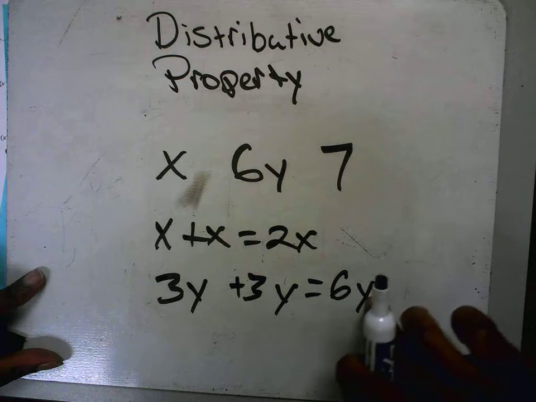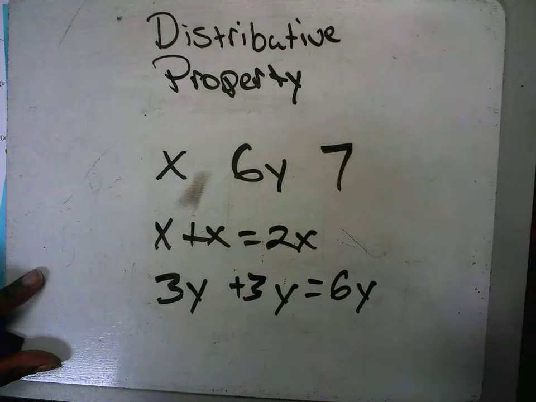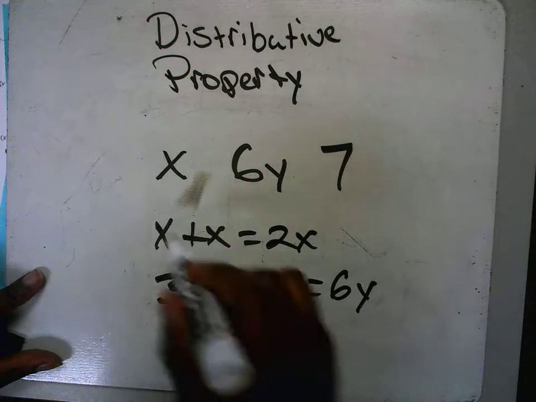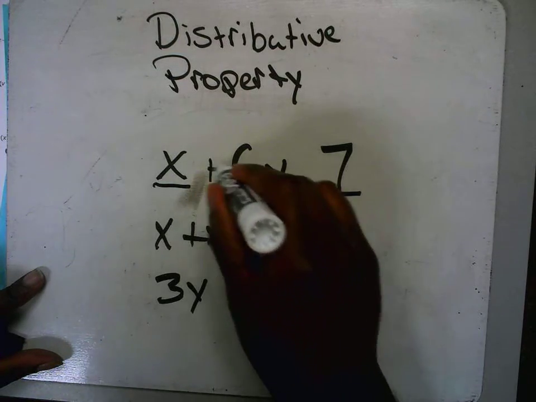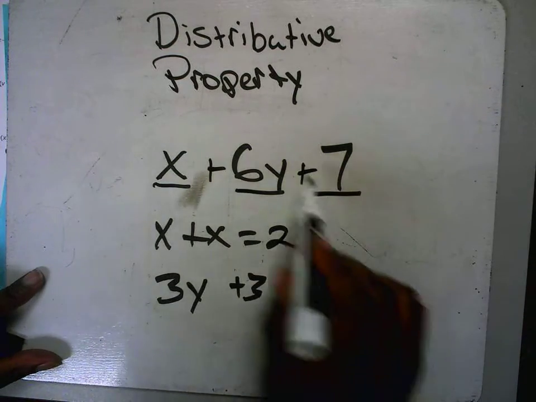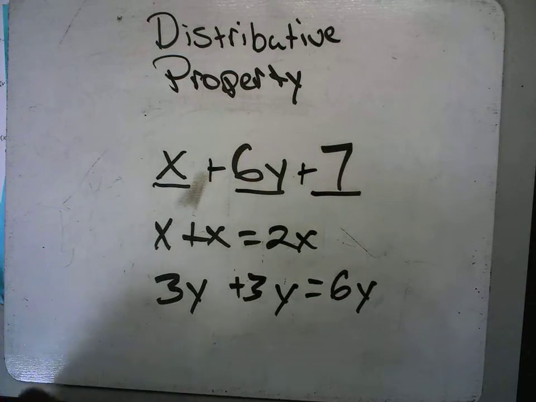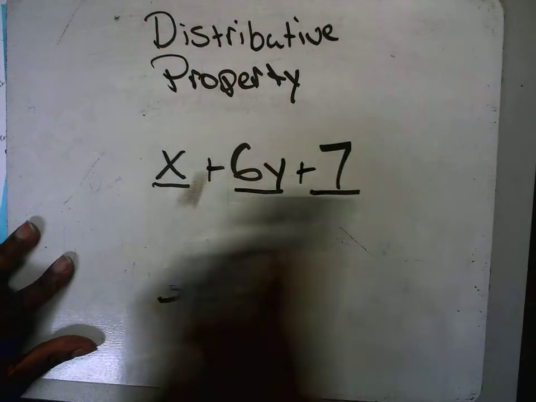If the terms do not have the same variable, they are unlike terms. Term 1, term 2, term 3, and they are normally separated by plus or minus signs. So this is as simple as we can make this. You can only combine like terms.